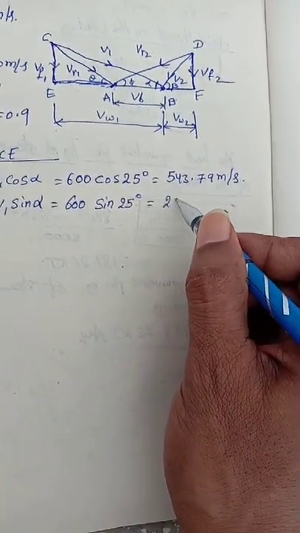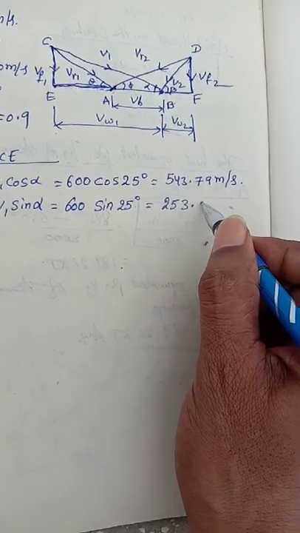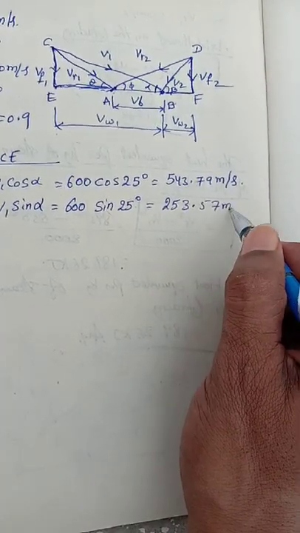We calculate this, we get 253.57 meters per second.